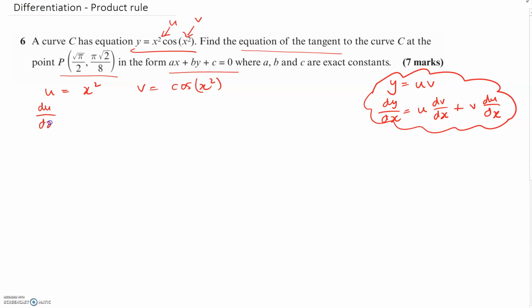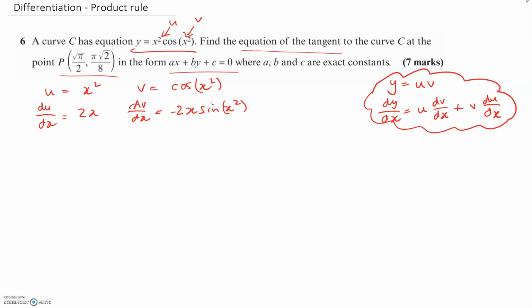So du dx is 2x, and dv dx. And this actually involves the chain rule as well. So if we were just differentiating cos, we would get minus sine, and it would be minus sine of x squared. But we also need to then differentiate what's inside the bracket and multiply that, and that would be 2x. So that's chain and product. That's really common to happen, by the way.